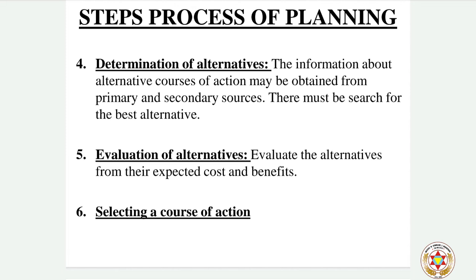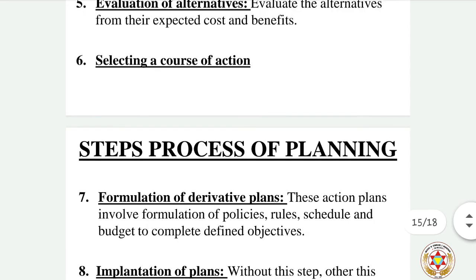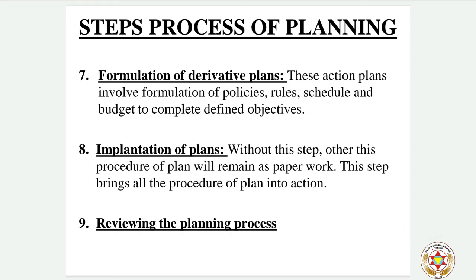There are logical steps to evaluate each alternative from its plus and minus points. Each alternative is studied in terms of common factors such as risk, responsibility, planning premises, resources, technology, etc. The sixth step is selecting a course of action, and the seventh step is formulation of derivative plans.